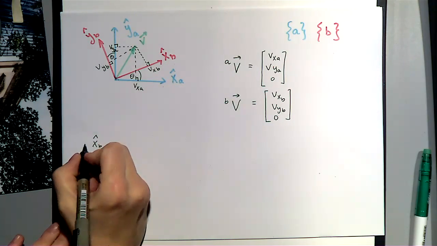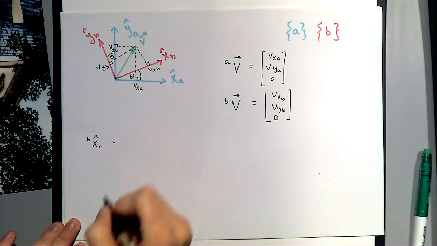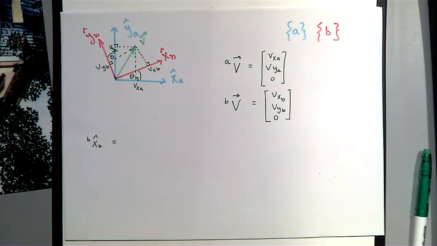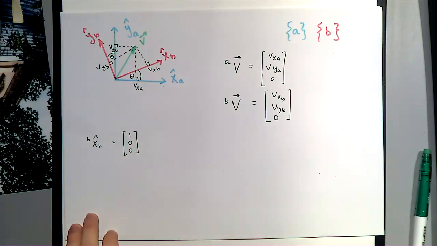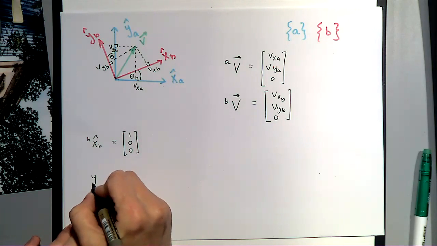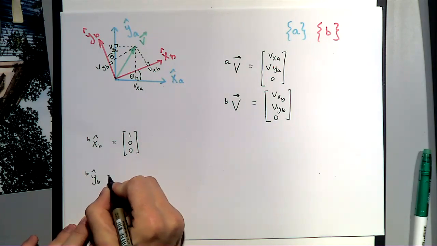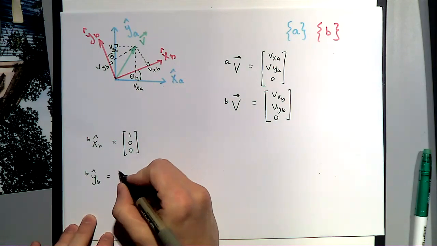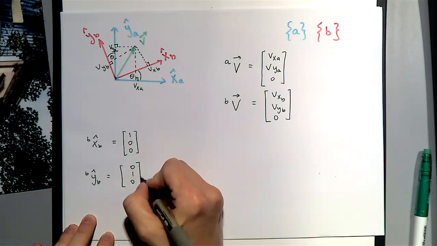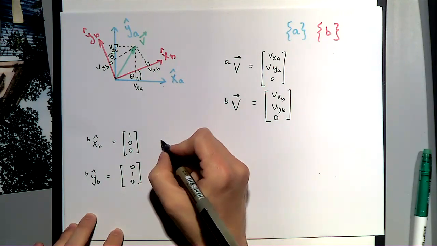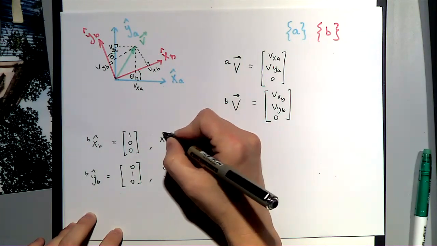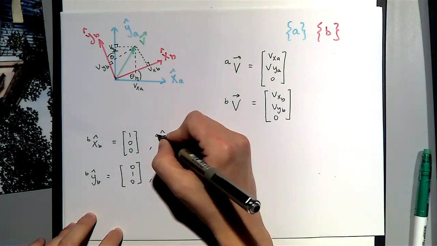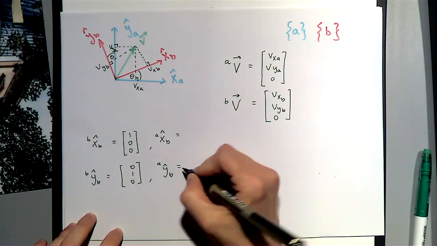If I write this xb in frame B, it is just the very simple 1, 0, 0. Right? And YB in frame B is what? Right, 0, 1, 0.